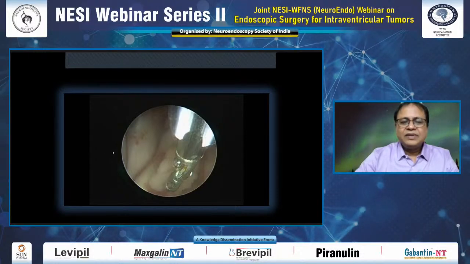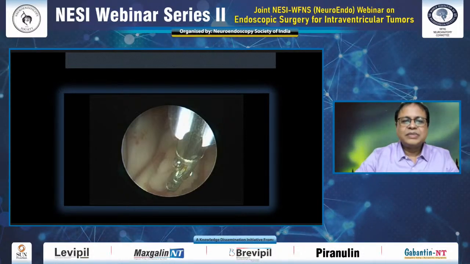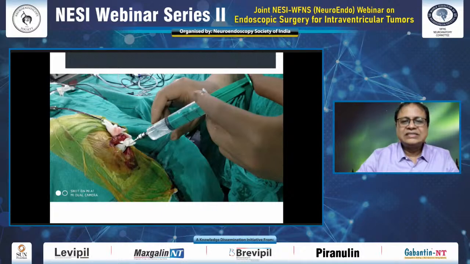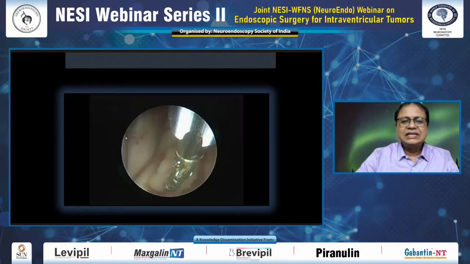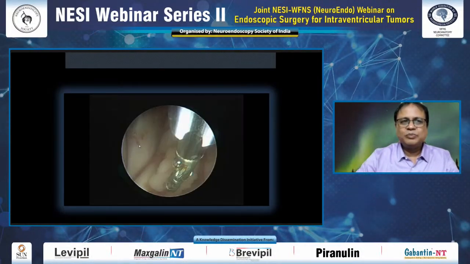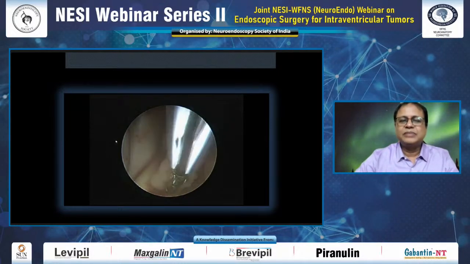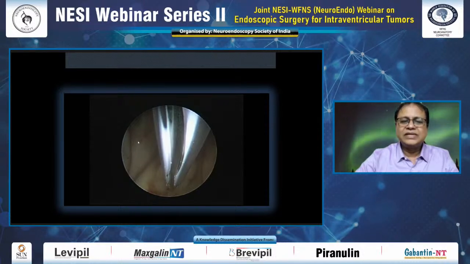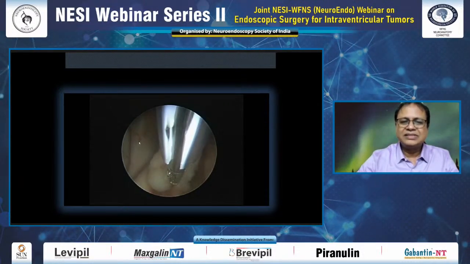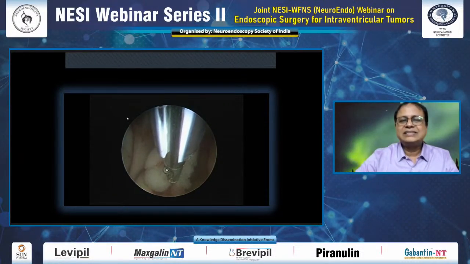And even if you do not use a syringe or something, because there is a tract, if you use the irrigation endoscope, the irrigation is open, and the water jet itself opens up the tract while putting the endoscope. I couldn't show the video. Next time I can show the video of how the water jet creates the tract.